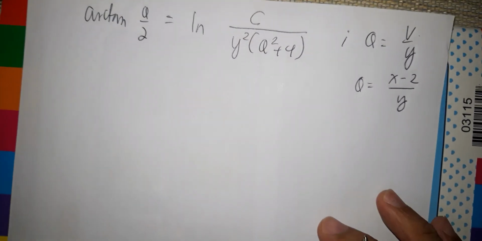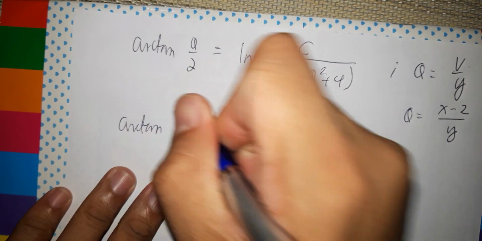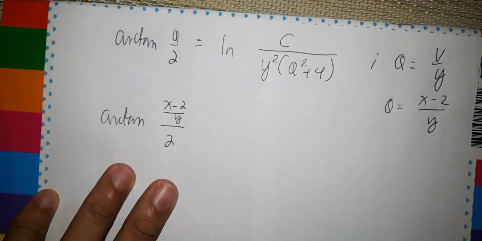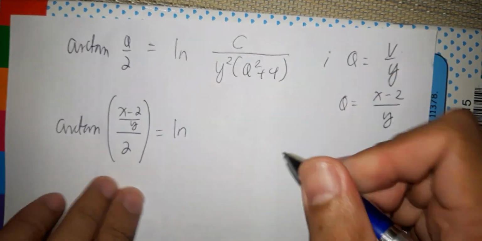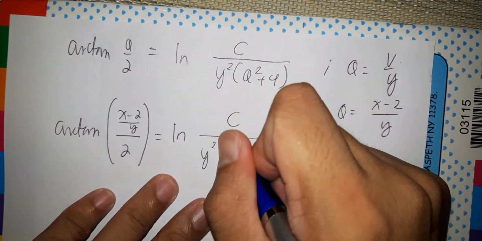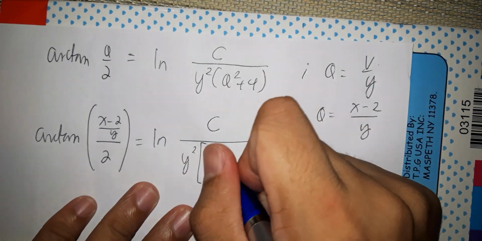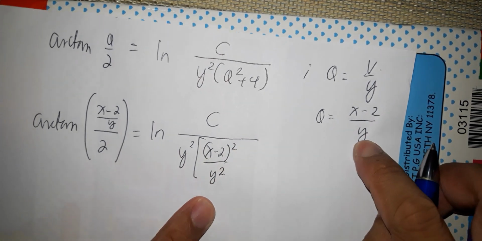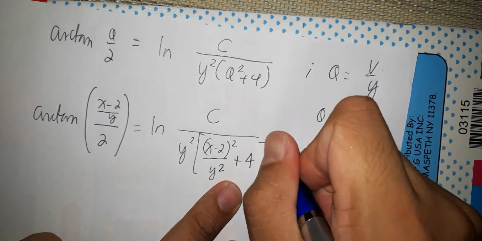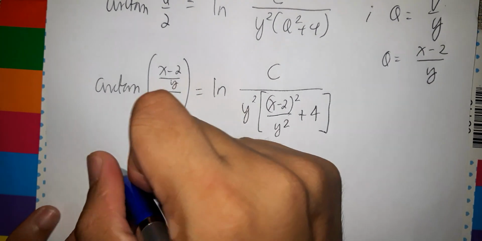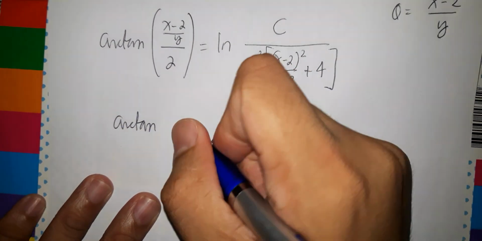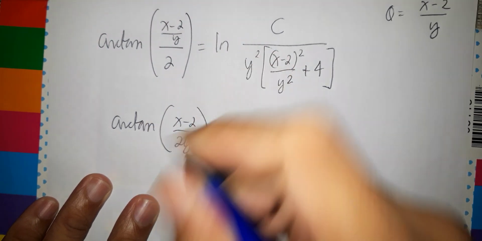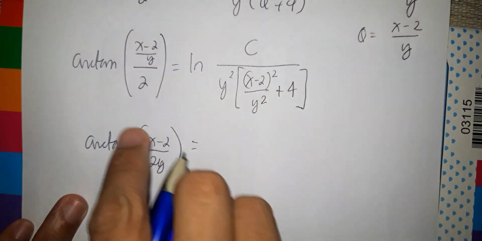So let us try to substitute. So arctangent of q, which is x minus 2 over y, all over 2, is equal to ln of c over y squared times the quantity q squared, so that's x minus 2 raised to the second power over y raised to the second power, plus 4. So this gives you arctangent of x minus 2 over 2y equals, so di ba may over 1 yon?